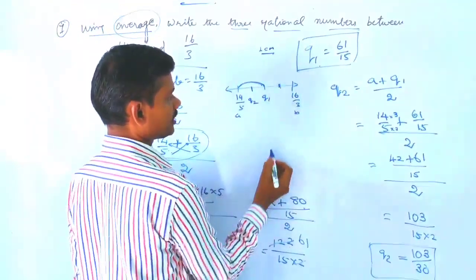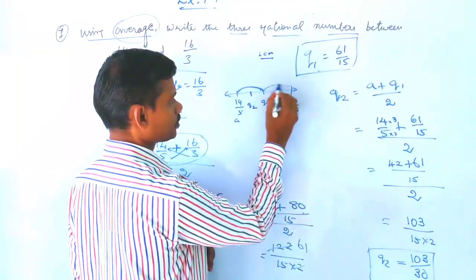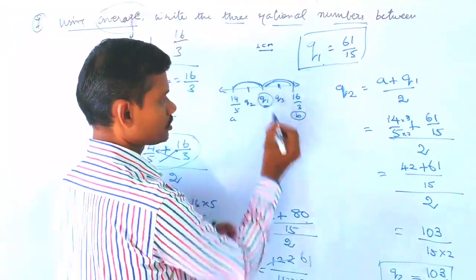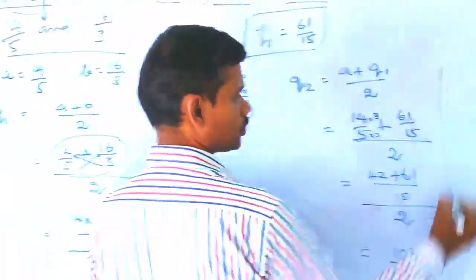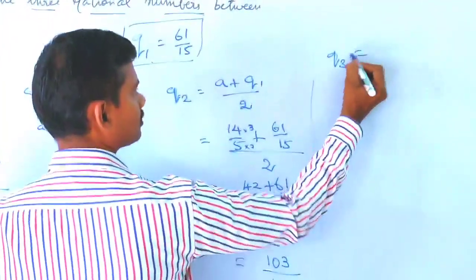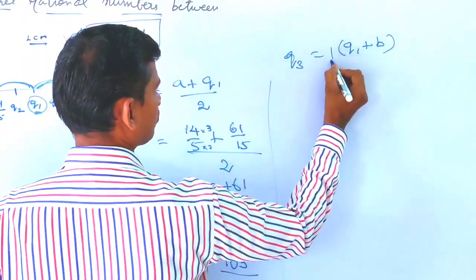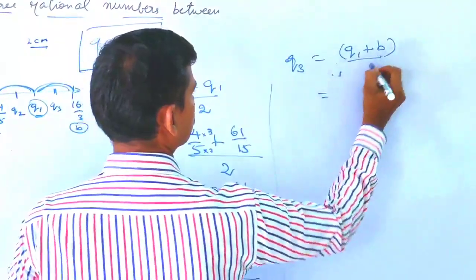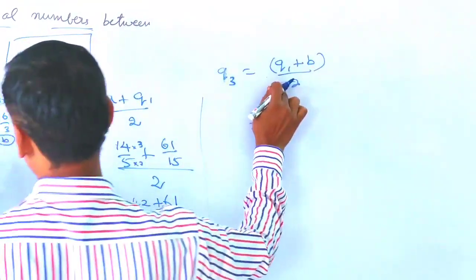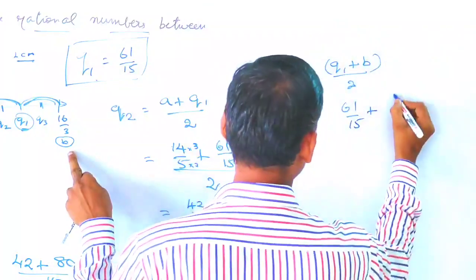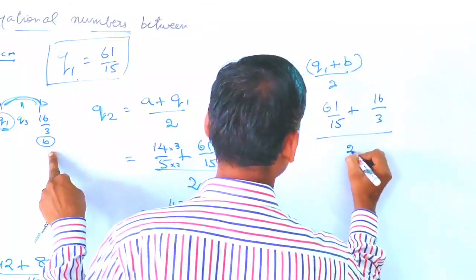Next we are going to find the third rational number Q3 which lies between Q1 and B. So now I am going to find Q3 which lies between Q1 and B: (Q1 plus B) by 2. So what is Q1? Q1 is 61 by 15. What is B? B is 16 by 3, whole divided by 2.